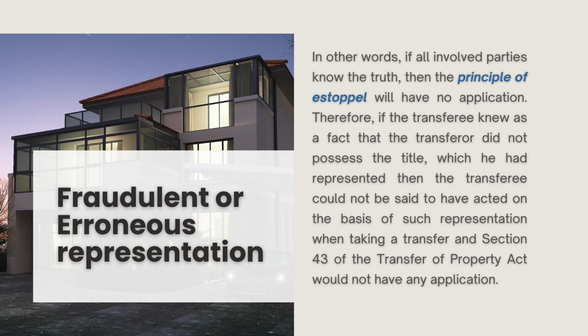Therefore, the transferee, if they knew as a fact that the transferor did not possess the title which he had represented to them, then the transferee could not be said to have acted upon the basis of such a representation when taking a transfer. Therefore, and consequently, Section 43 of the Transfer of Property Act would have no application.